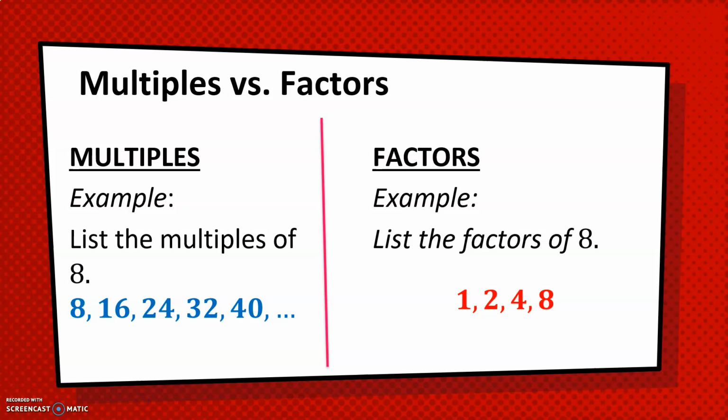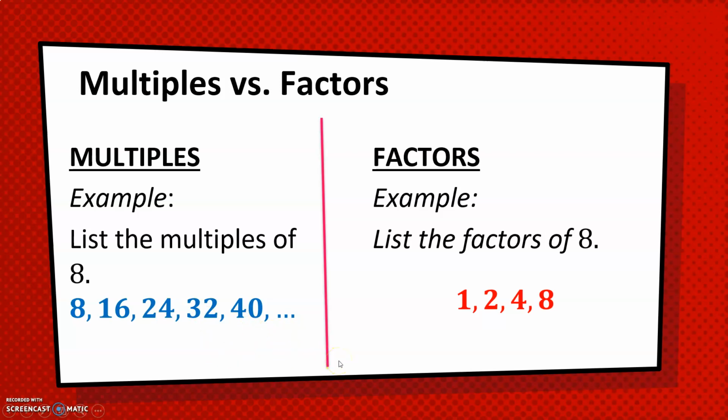Here are some examples of multiples. It says list the multiples of 8. So it would be 8, 16, 24, 32, 40, and so on. You can see 8 is 8 times 1, 16 is 8 times 2, 24 is 8 times 3, 32 is 8 times 4, 40 is 8 times 5, and it would just keep going in that pattern.